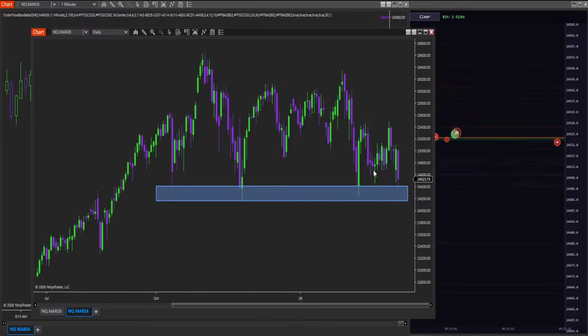If we break 24,200, we could come down and test the 23,400. It could dump 1,000 points. It can do that within one day, or within a couple of days or a week. We have no idea. The market will do what it wants to do. But as you can see here, we opened up here and we closed down here, and that was like a 900-point move. So it can do it within one day.